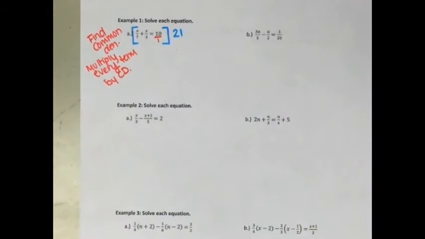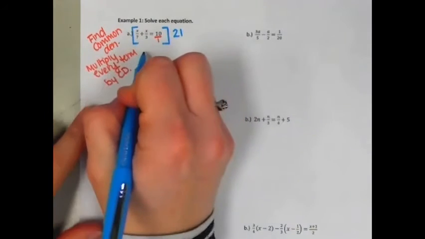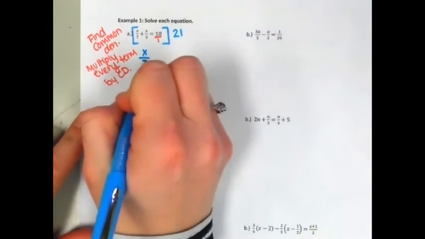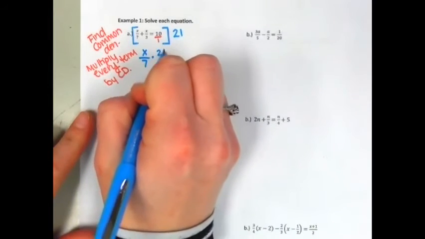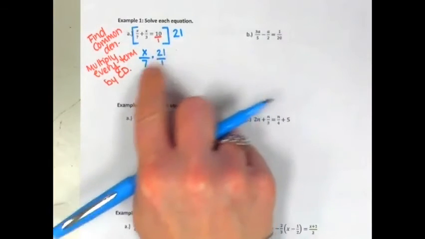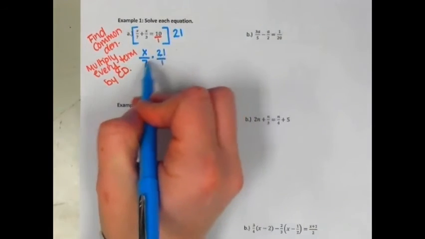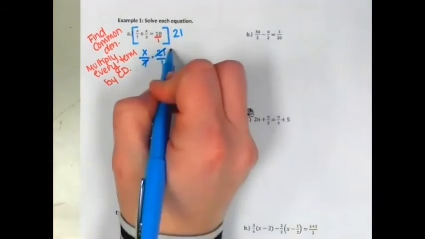So I'm going to multiply everything by 21. Now I'm going to show this long way just so that you guys can see why this works. I'm going to take x over 7 times 21 over 1. What happens to the 21 and 7 if we're multiplying? Can't I cross simplify it? So what is 21 divided by 7? 3.